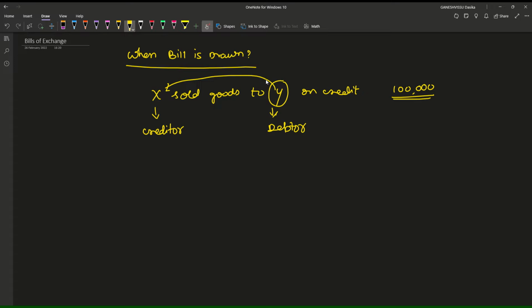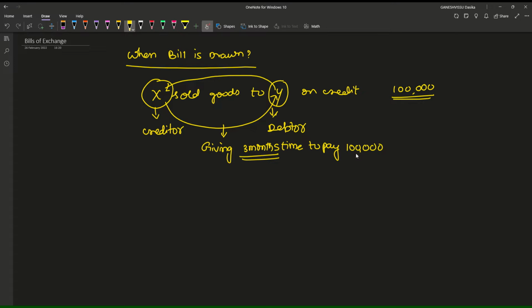But if Y is a new customer, then X, as a business technique, would give, let us say, 3 months of time to pay 1 lakh rupees.